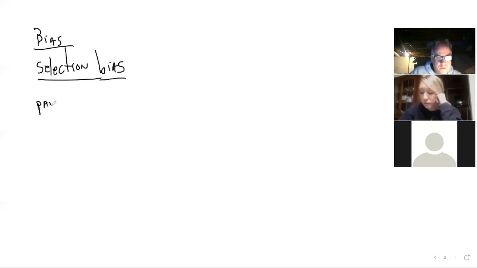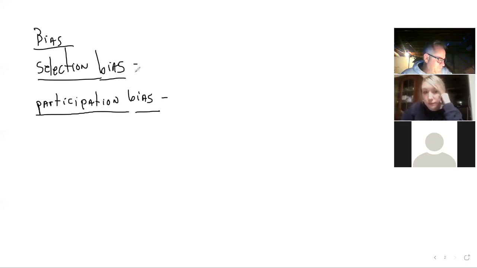Then we'll have participation bias. Now, again, we're dealing with sampling, and both of these are dealing with sampling. But with participation bias, if a person is not randomly selected and they take action to choose to be part of the sample, maybe they have a reason for wanting to be part of the survey.